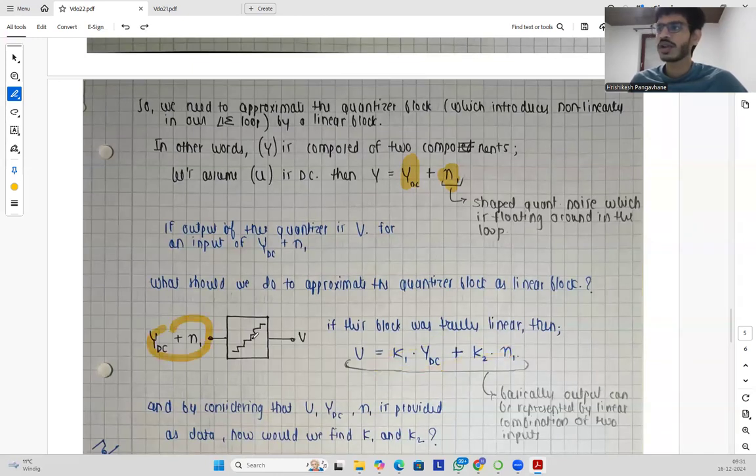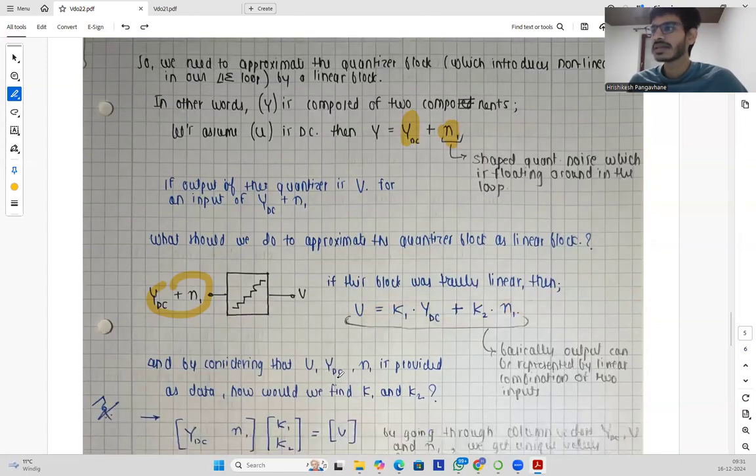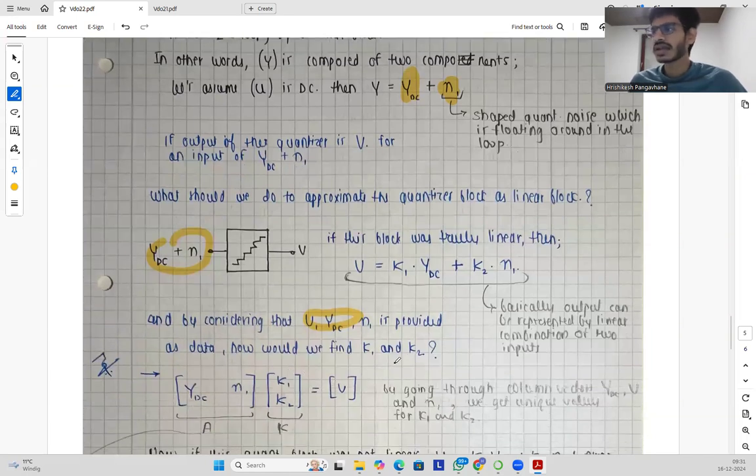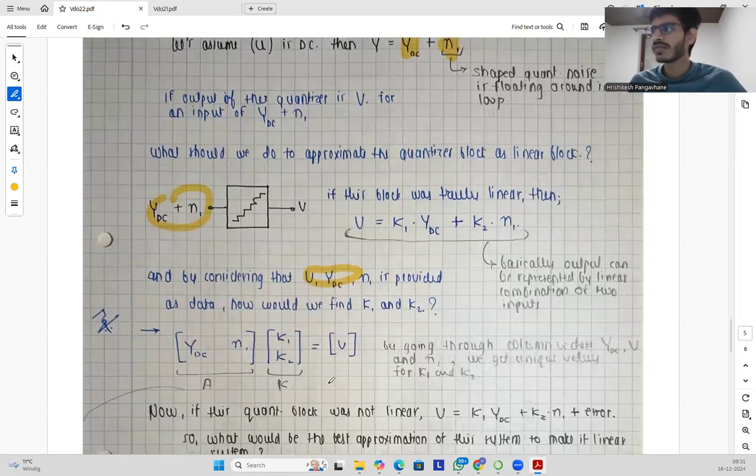We have two inputs to the quantizer, and this is the output. And by considering that V, YDC, and N1 are provided to us as data, then we could find K1 and K2 by going through the column vectors of YDC, N1, and V, and we can get unique values for K1 and K2.